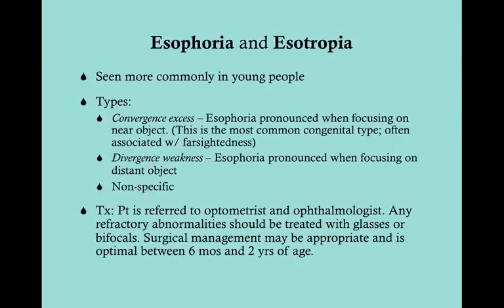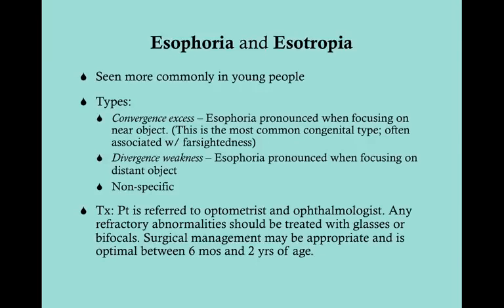So for treatment here, and this pretty much goes for everybody, the patient is referred to an optometrist for correction and to an ophthalmologist, to correct any refractive abnormalities which tend to coexist, and to plan the patient for surgical management, as most patients are managed surgically.